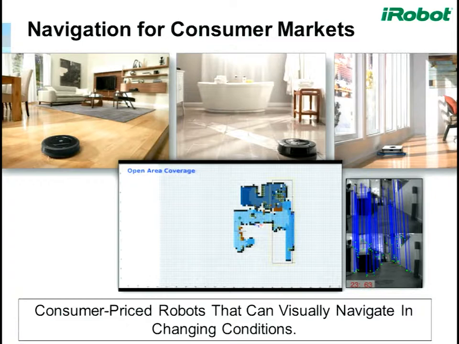So we believe that there's a lot of opportunity for intelligent navigation using commodity cameras and visual SLAM algorithms to be real enablers for future robot products. So this is an area that we are putting a lot of value in, and please talk to us if you're looking for opportunities or collaboration in this space.